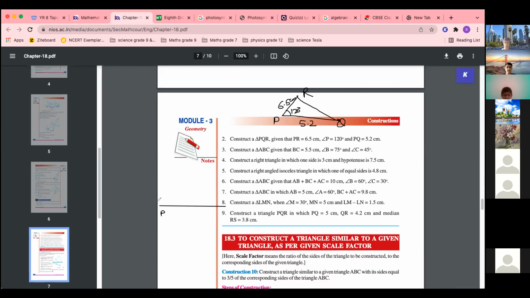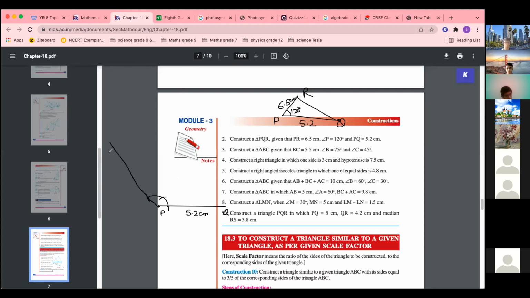And wherever the arc intersects PQ, at that point, we'll place the pointed end of the compass and cut the previous arc. Then from this point, we'll again cut the arc to get 120 degrees. Okay, I thought 60 degrees. Correct, you are correct. So from here, we'll make another arc and then we'll join it, right?